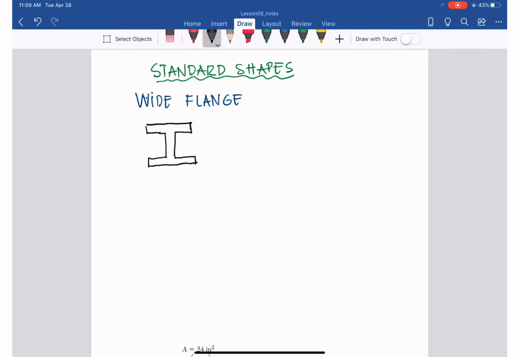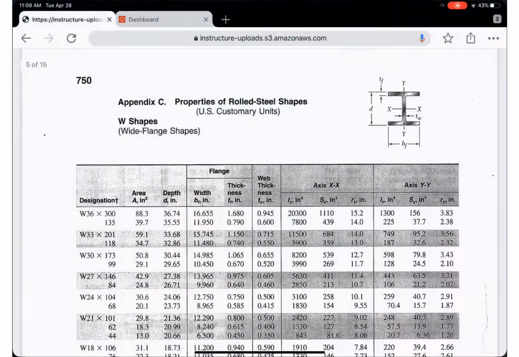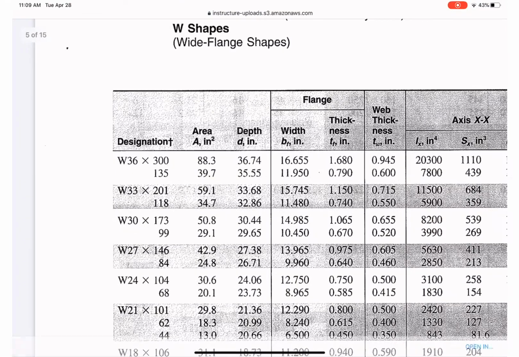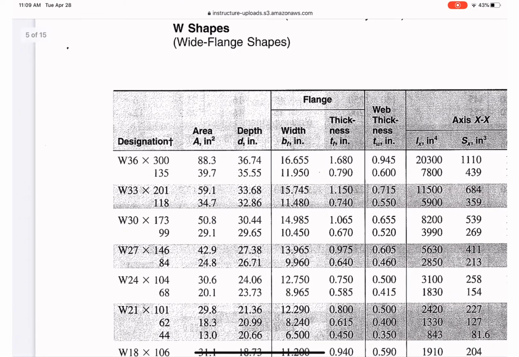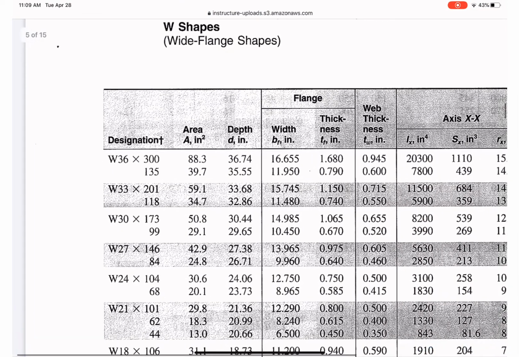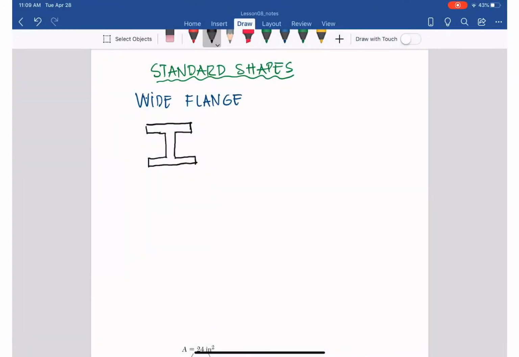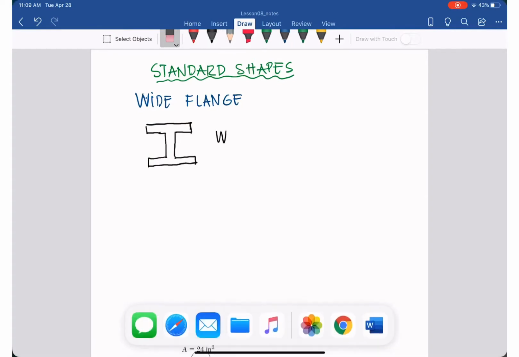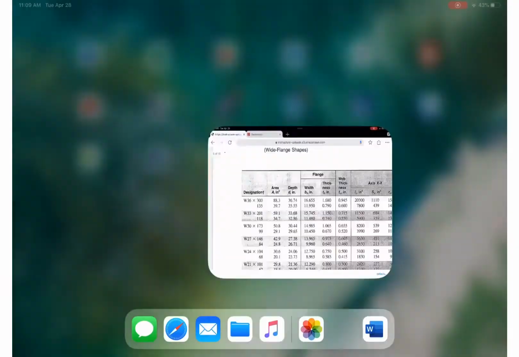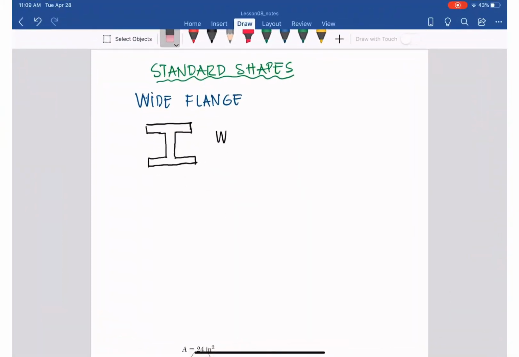In the appendix, as you can see, they have W36 by 300, etc. What does that mean? We have W, and the number is 36, cross 300.